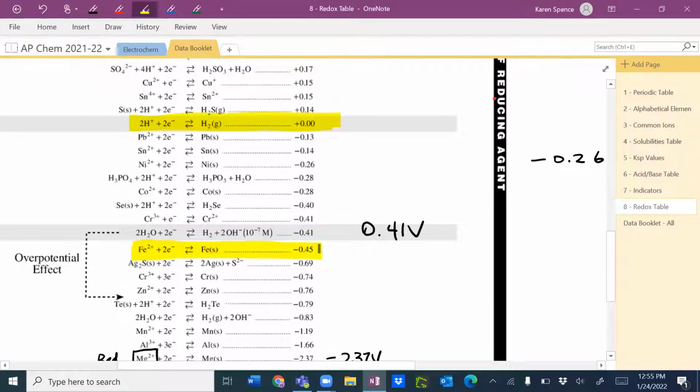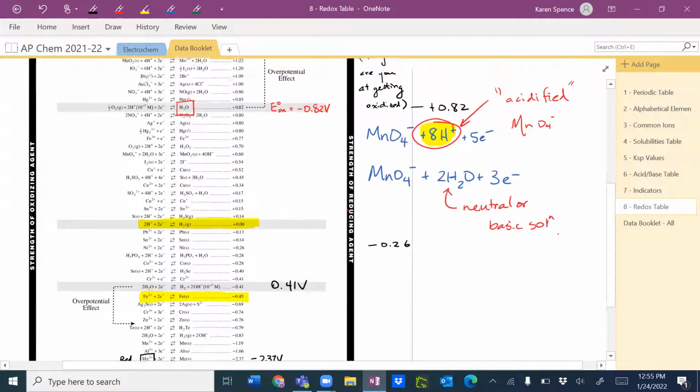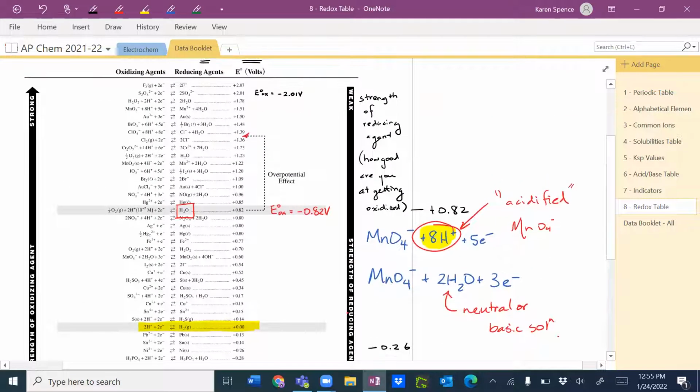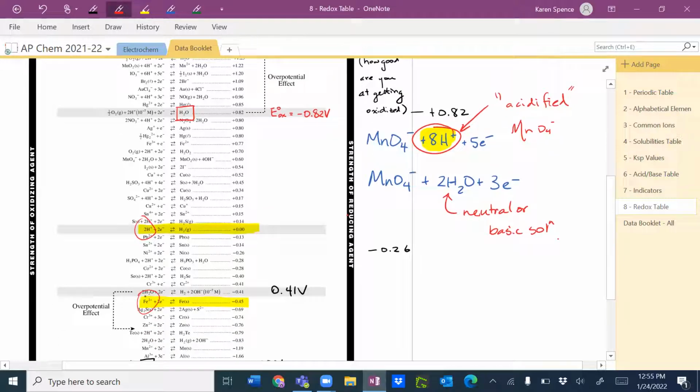Okay, let's just satisfy our curiosity about gold. Au, there it is, way up there, which means that it's a very weak reducing agent, which means it doesn't get oxidized easily. So that's not going to be a spontaneous reaction with either the hydrogen or the iron.